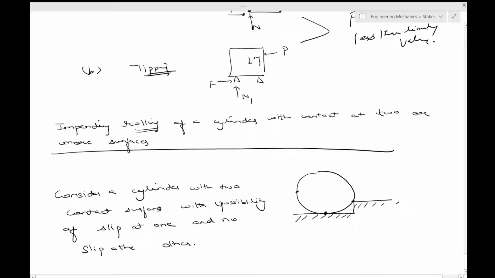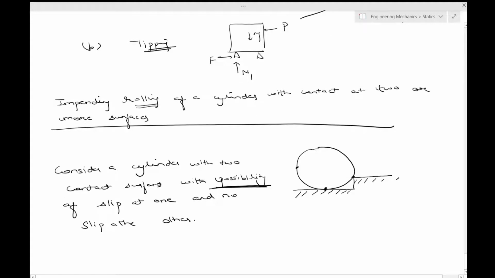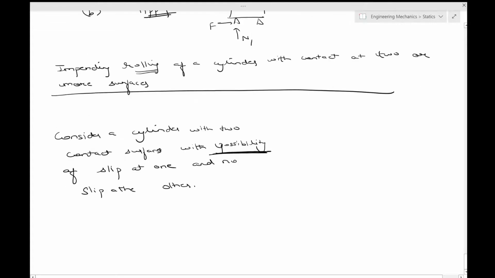Now notice the words very carefully. Consider a cylinder with two contact surfaces with possibility. I have just drawn this diagram to show you this, but I am removing it now so that you don't confuse this with this particular case. So there's a possibility of slip at one end and no slip at the other end.